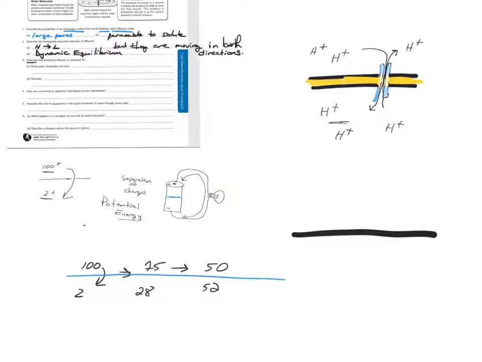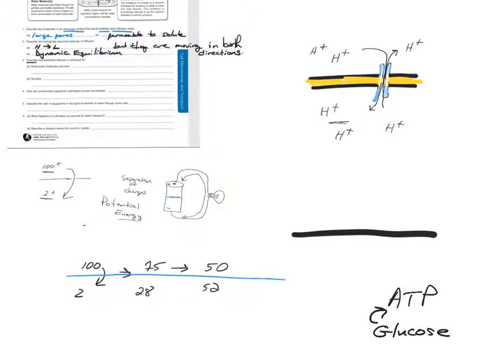But we just said that things only go from high to low with no extra energy. What do we need to do? We have to add energy. We have to recharge the system. The way we do it is we add something called ATP. And we get ATP from any macromolecule, but really the one we talk about is glucose.